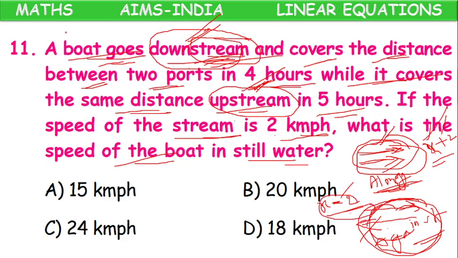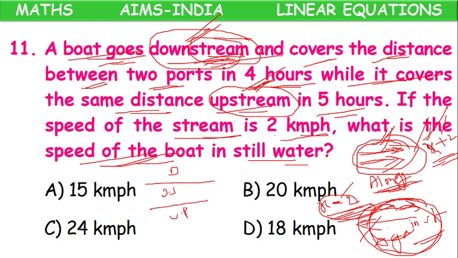Okay. So here they are asking to find the speed of boat. Let it be x. Downstream, its speed will become x plus 2, upstream x minus 2. While going downstream, the distance is same.